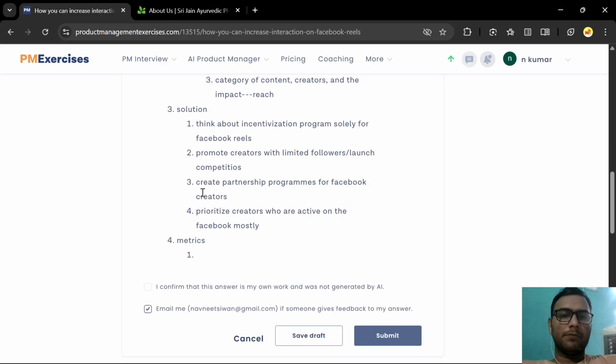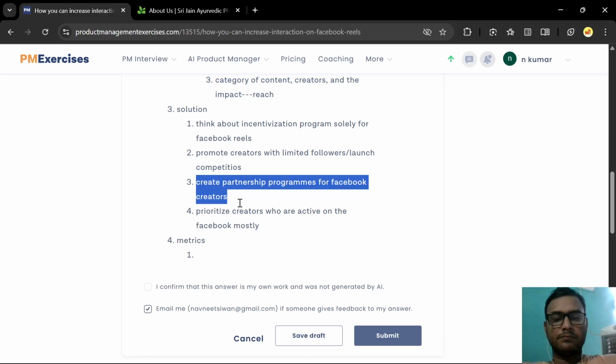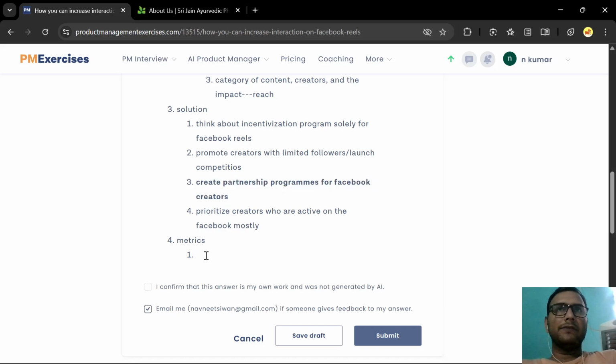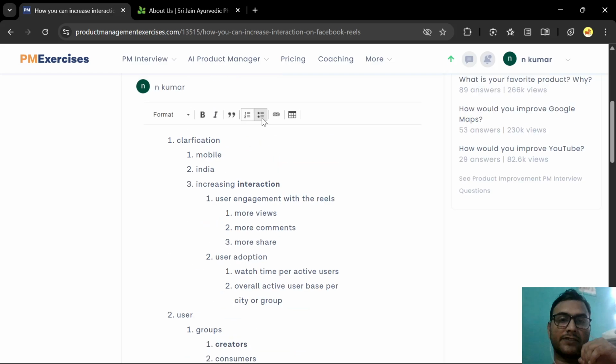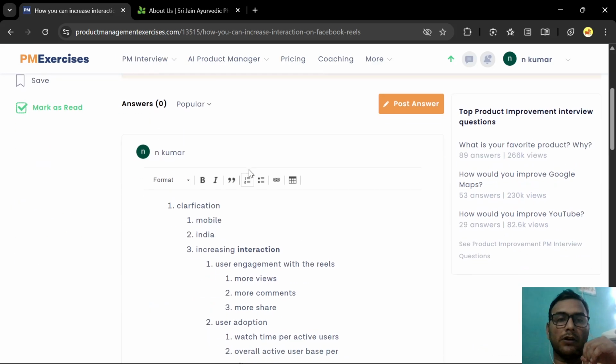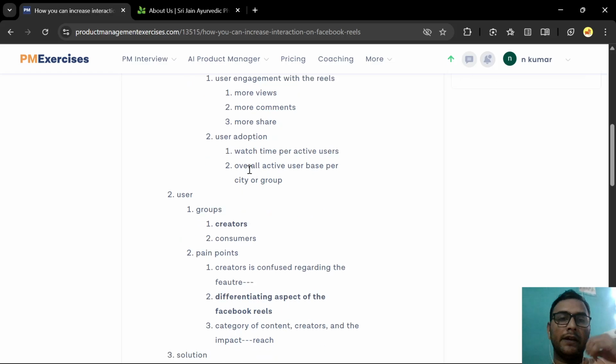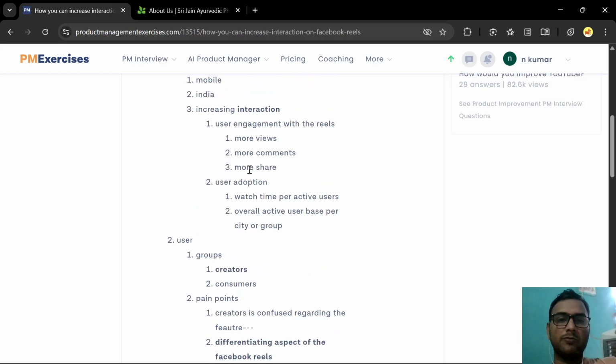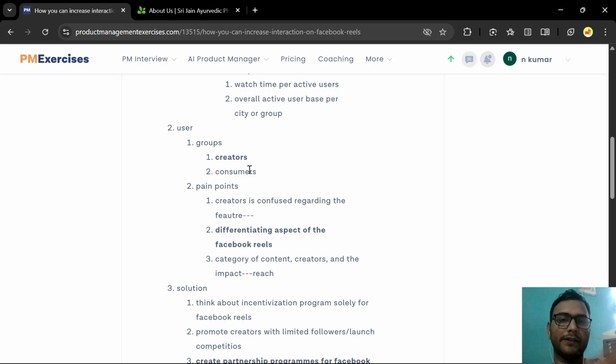I think creating a partnership program will be the highest priority, because it directly incentivizes creators to generate more content, so that the interaction level, our goal here, becomes more. Once you start creating more content, that loop starts.